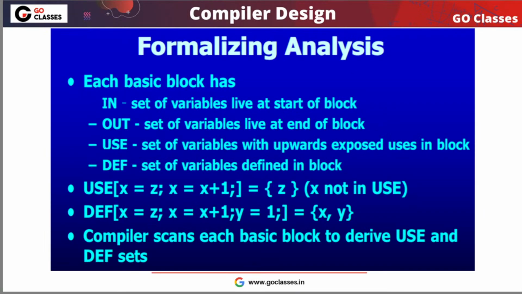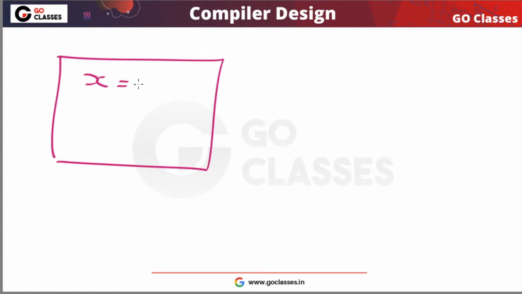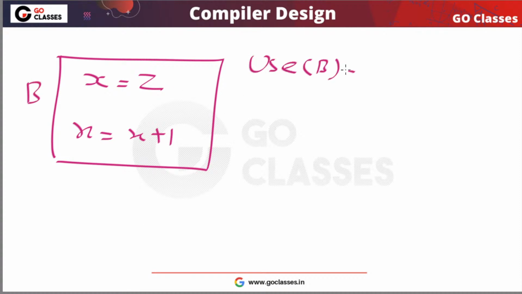So you can notice X, Z. Tell me for this basic block, x equal to x plus 1. Can anyone tell me what is the use of B and what is defined in B? What are the variables you are using in B and what are the variables you are defining in B?